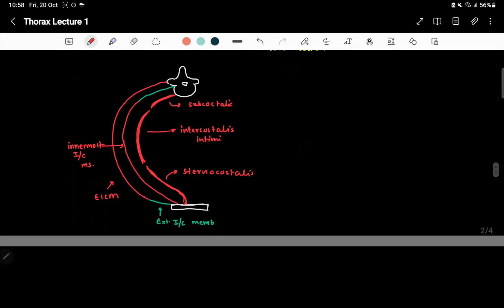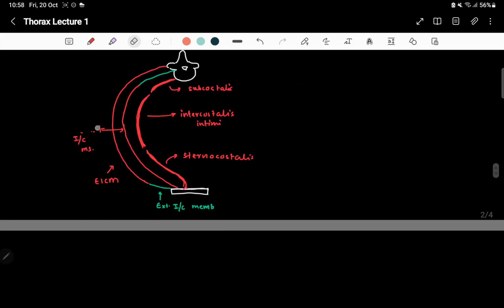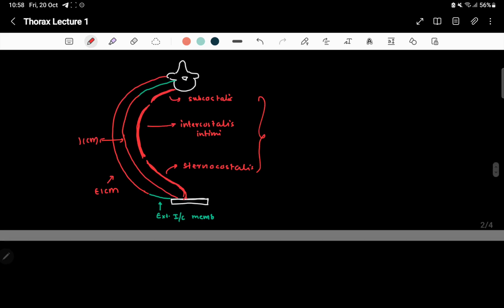Okay, and this is your internal intercostal. Okay, sorry, IICM. And these three are your innermost.